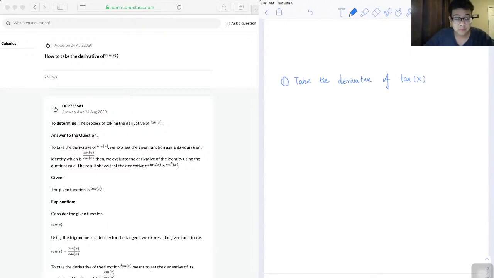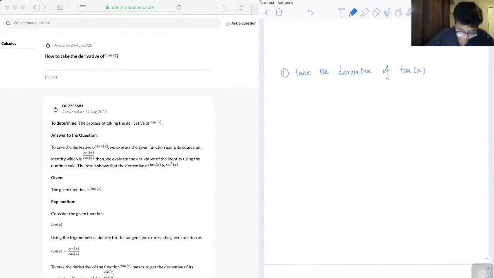So before jumping to this question, I would first like to talk about two things. The first thing is, we know that tangent x can be written as sine x over cosine x. And the second thing is the quotient rule in derivatives.